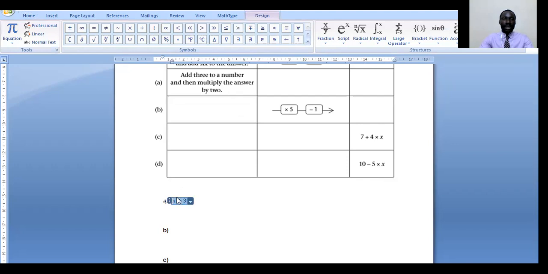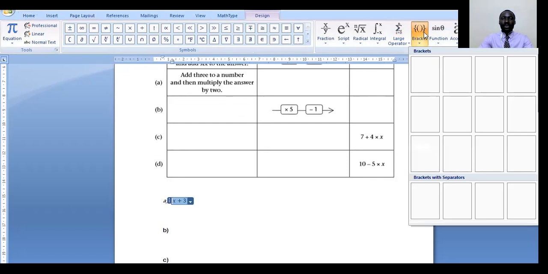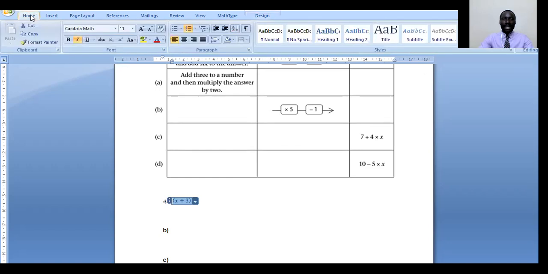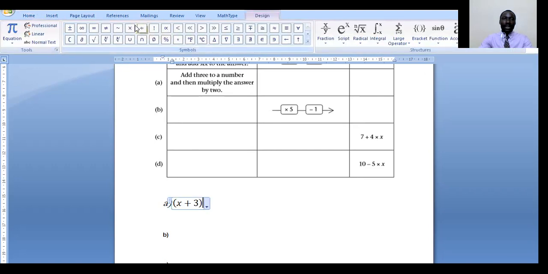Now here, this is what we have got. We got a number, and this number, we added 3 to it. Now they're again saying, onto this, we have to multiply by 2. So what this then means is, after getting this, we now have to multiply the whole thing by 2.